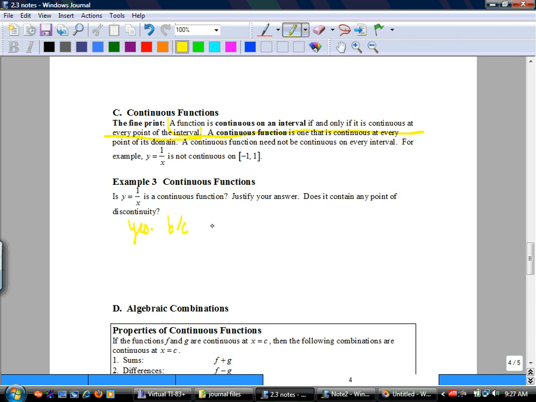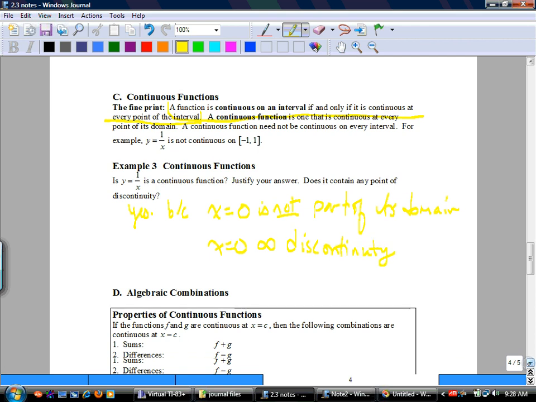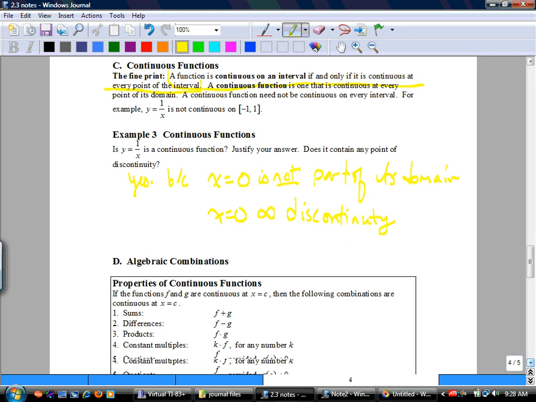Because, good, x equals 0 is not part of its domain. But we still acknowledge and respect the existence of x equals 0, and we call x equals 0 an infinite discontinuity. Okay. The types of discontinuity.